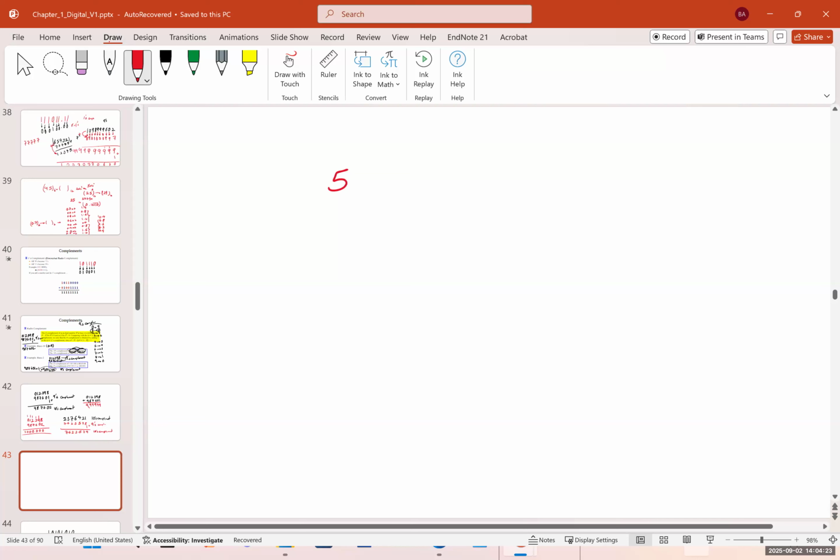Okay, 5,622. Now give me a 3-digit number. Good, 312. Okay. This is an easy one, but I'm going to show where we use complements. I want you to find the 10's complement of 312. Find its 10's complement.